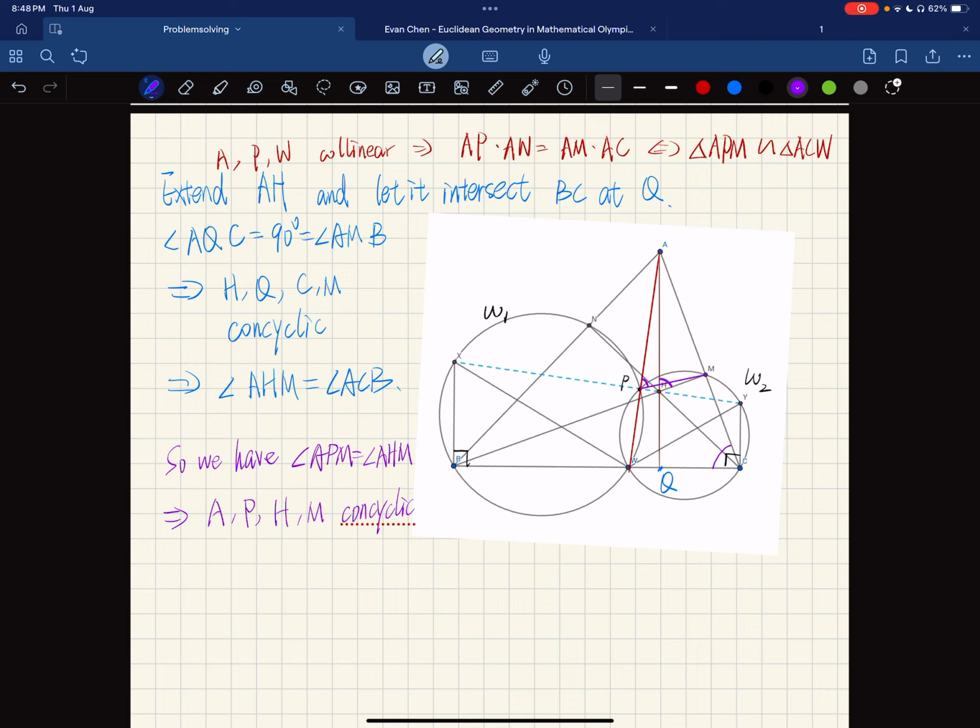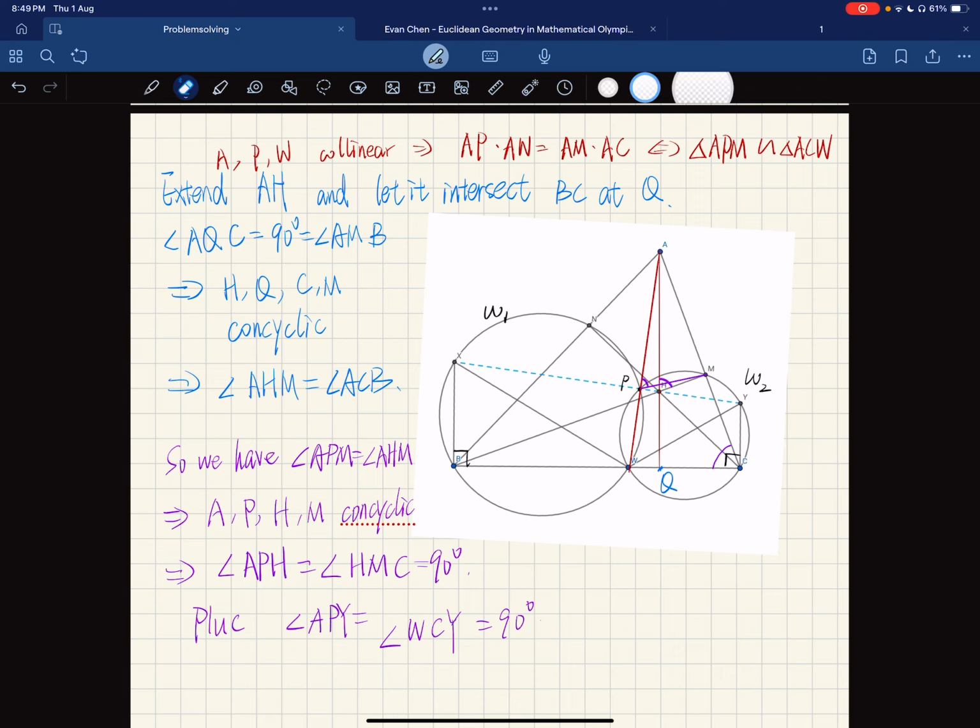So after that, what can we have? We can know that angle APH equals angle HMC equals 90 degrees. Plus, we know that angle APY equals angle WCY equals 90 degrees.